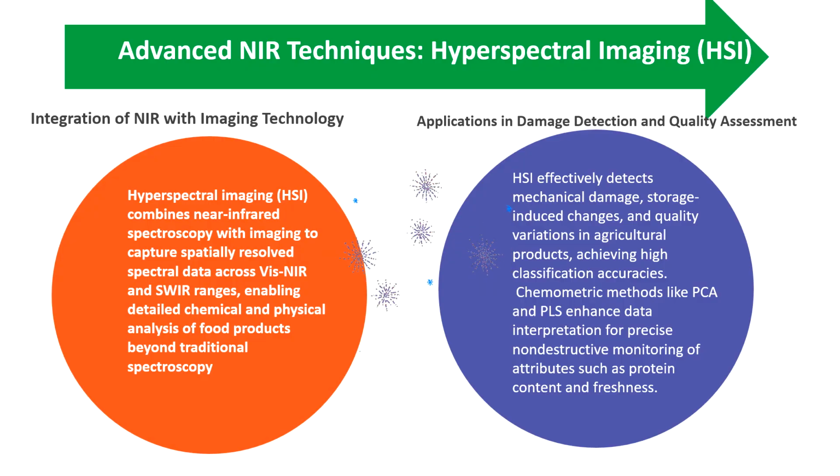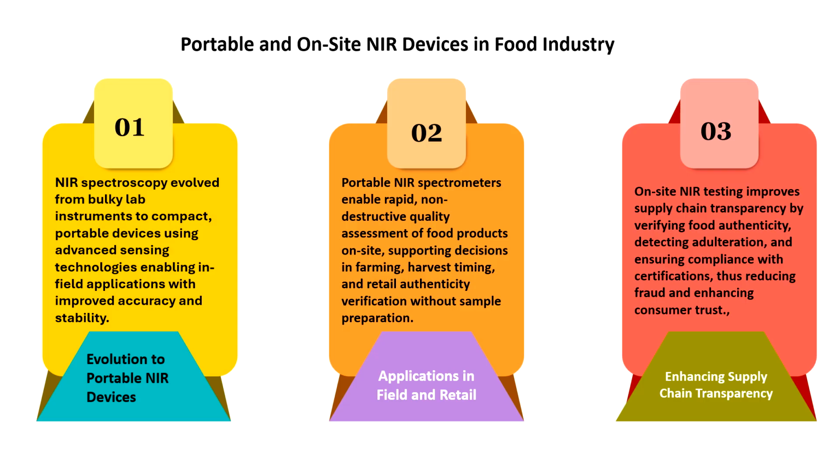Also, it effectively detects mechanical damage, storage-induced changes, and quality variations in agricultural products, achieving high classification accuracies. Chemometric methods like PCA and PLS enhance data interpretation for precise non-destructive monitoring of attributes such as protein content and freshness.